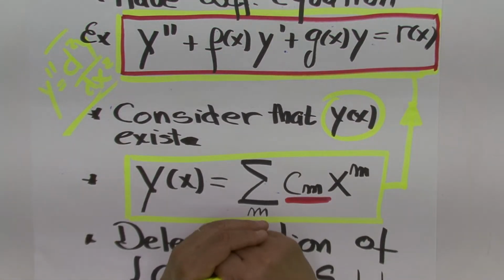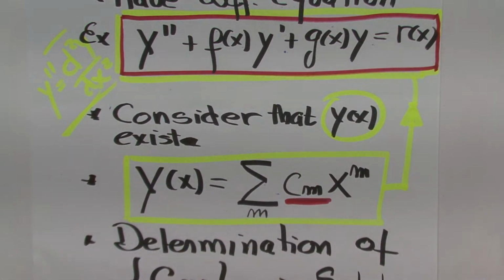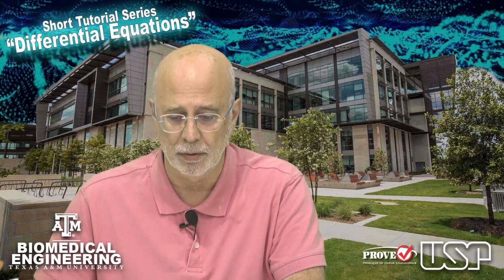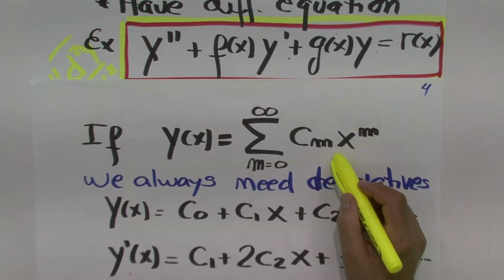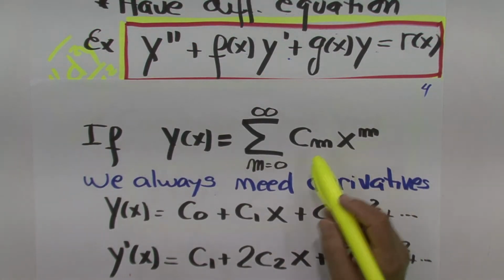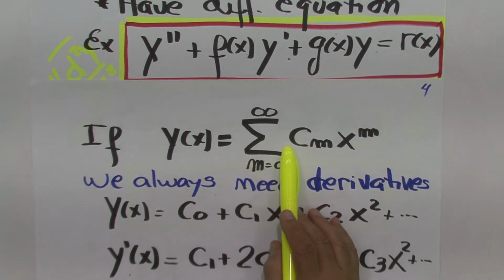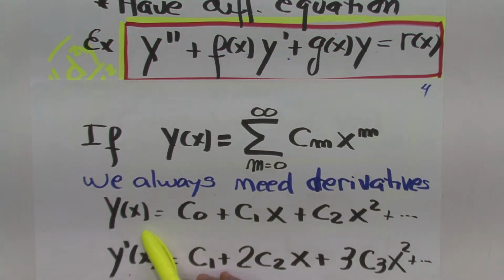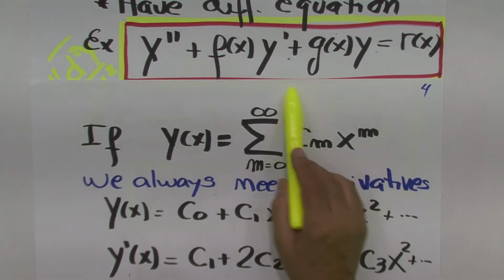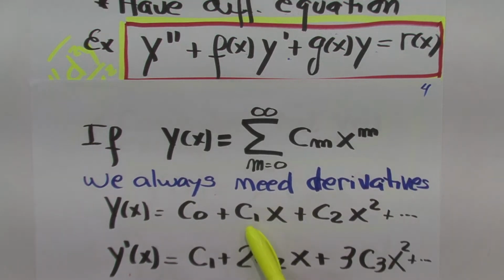This is the equation we have in mind. Having that equation in mind and establishing that this is the solution, the function, of course, I'm now expanding. I'm putting this series in an expanded form. So what do we have?